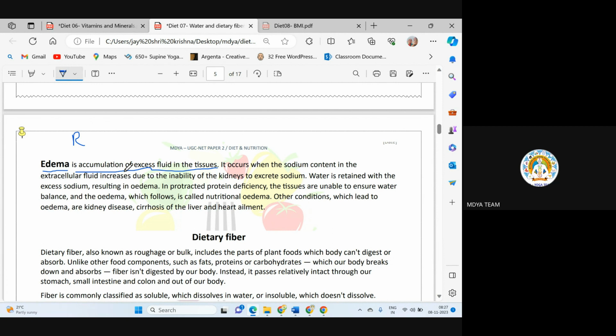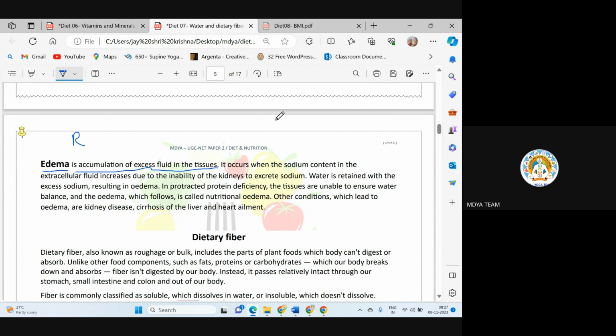That's why those people who take more salt, their face starts swelling up and their legs start swelling up. Whenever there is a high concentration of sodium, chloride and potassium, there will be high water retention in our body. And I think many of you are aware of this fact.